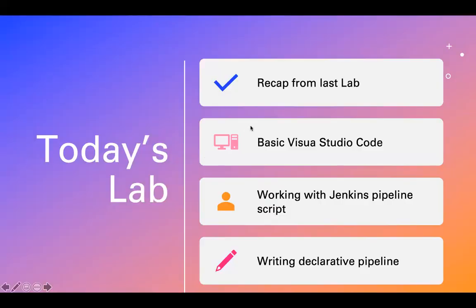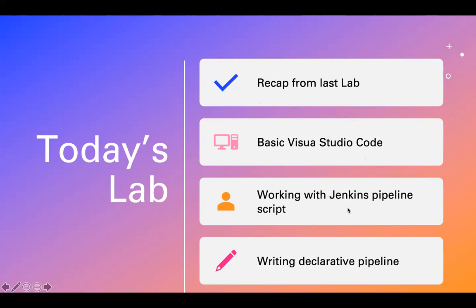So today's lab, we're just going to talk briefly on what we did last class, about deploying to Tomcat using our old school Jenkins freestyle project. Then we're going to show you briefly how Visual Studio Code works, how you can create things from that.